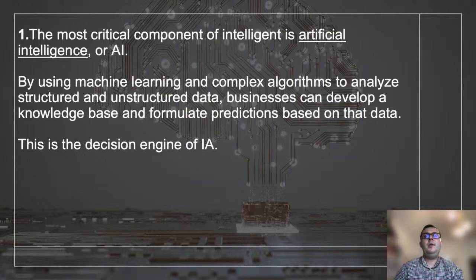Basically, artificial intelligence can be defined as the core, the most important aspect of intelligent automation. By defining, analyzing, and comparing different sets of data, whether structured or unstructured, businesses can develop a knowledge base and formulate predictions based on this important data.